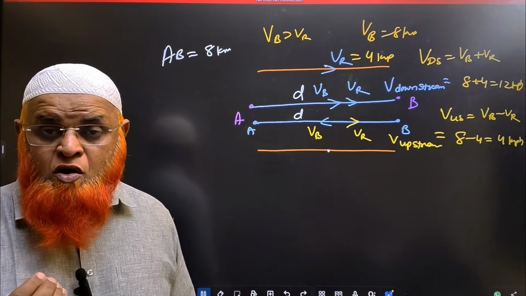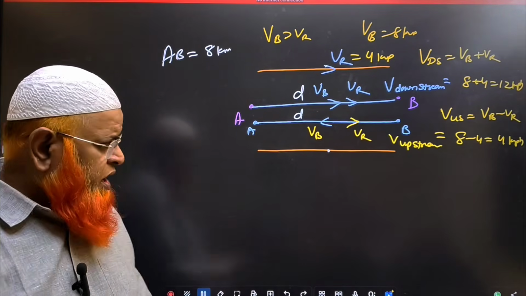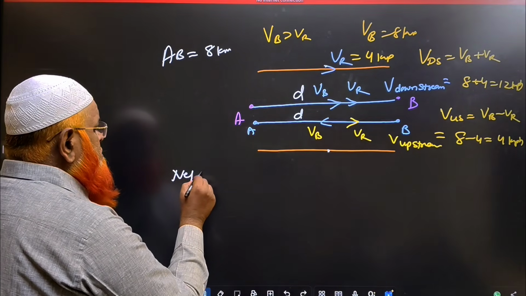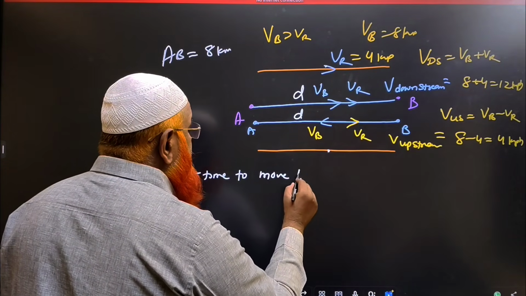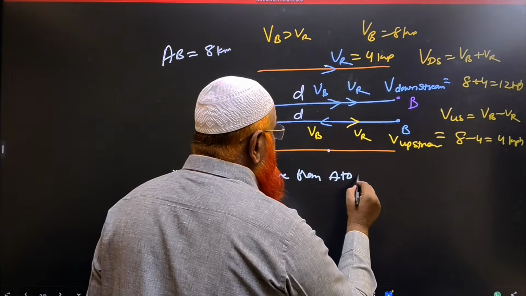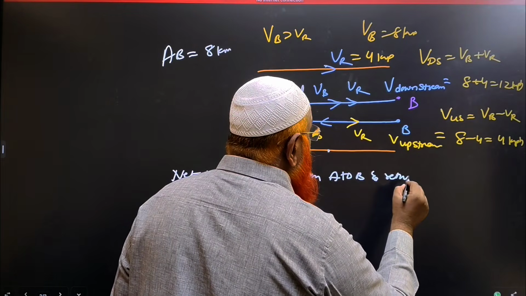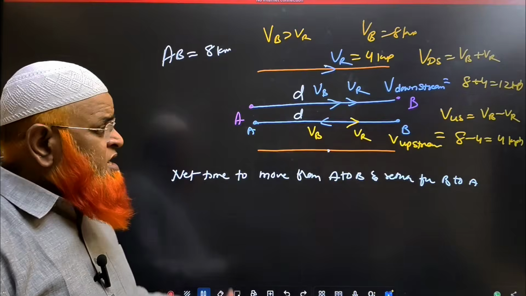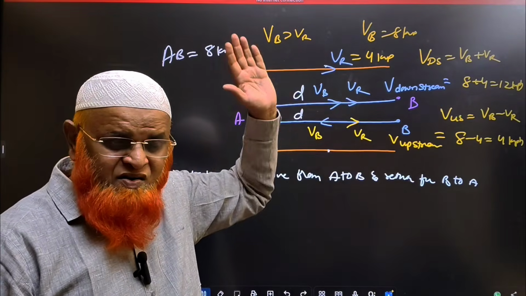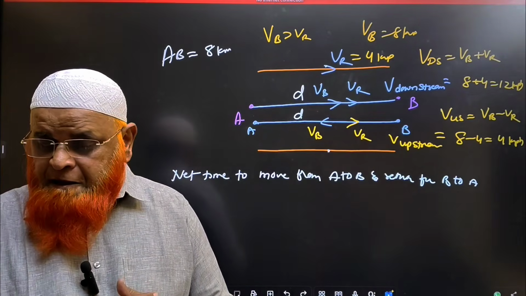And I'm asking you to find out what is the total time. So how do you find out the net time now? Net time to move from A to B and return from B to A. What is the total time taken?